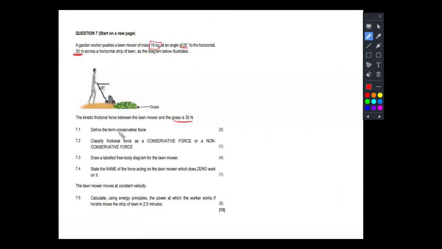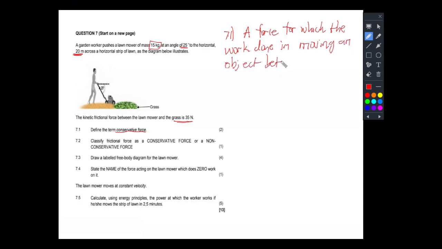Now 7.1 says define the term conservative force. Now what is a conservative force? We say a conservative force is a force for which the work done in moving an object between 2 points is independent of the path taken.